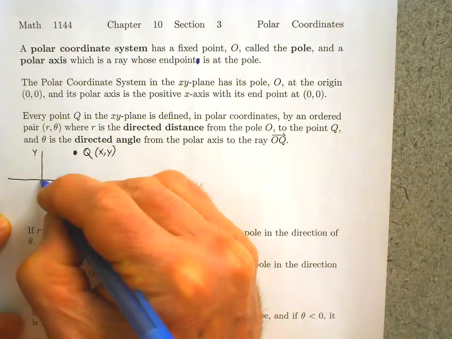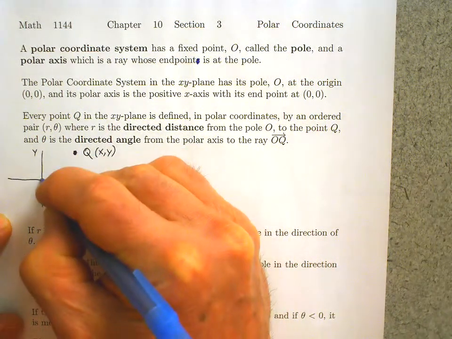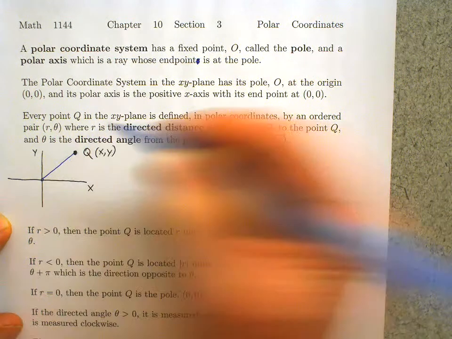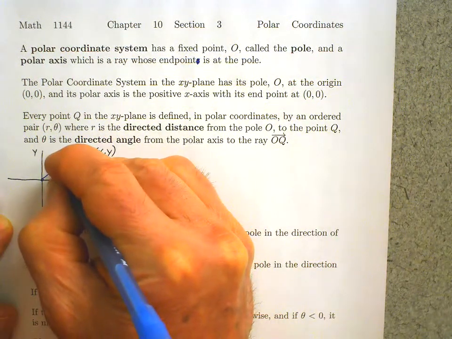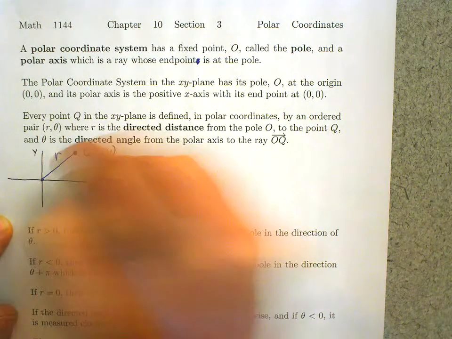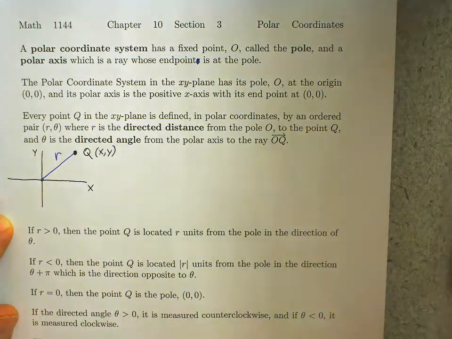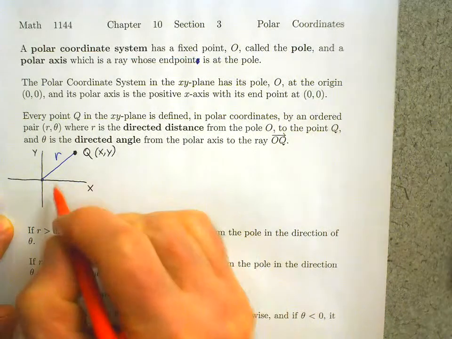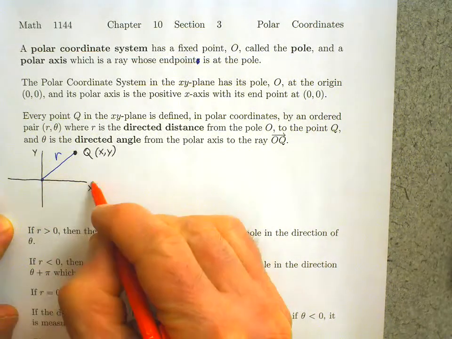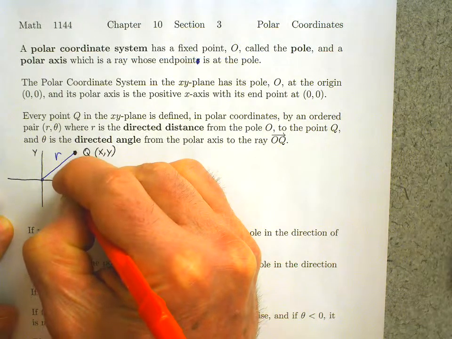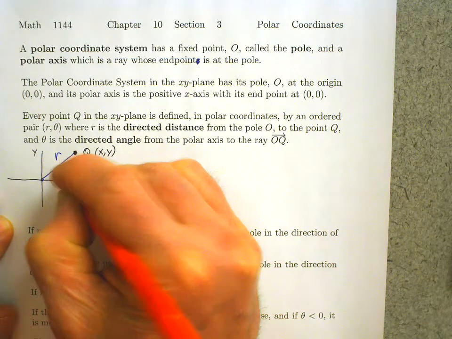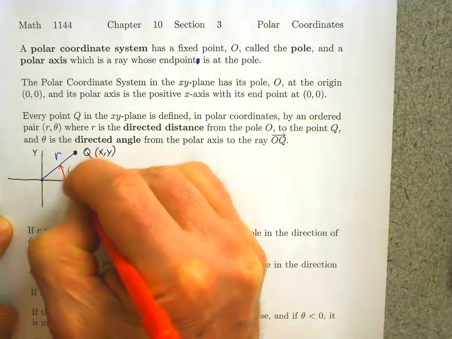Well, if we draw a line segment from the origin to the point, then this has a length, and we'll say that this length is r. And from the polar axis, the positive x-axis, the angle to this line segment is theta.